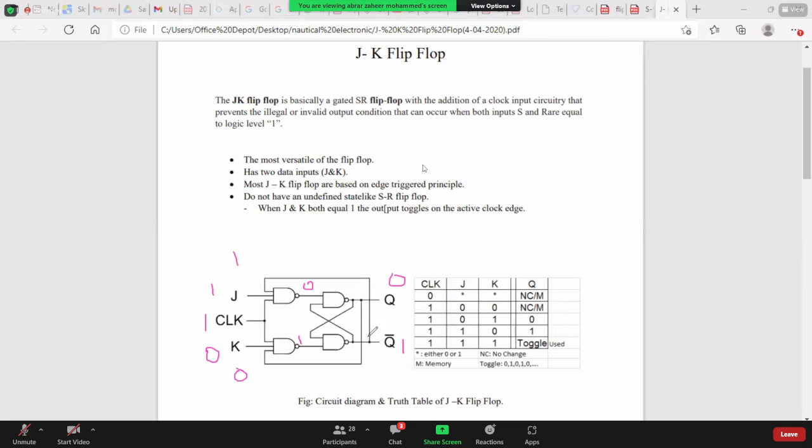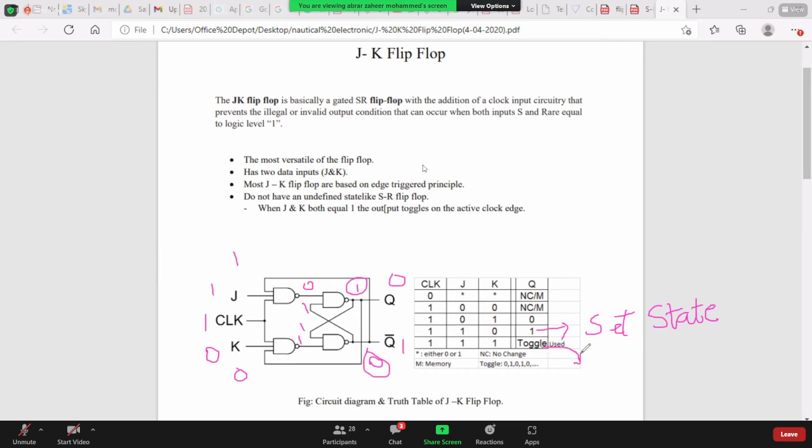This one will go here, 1 into 0, output here is 1. This one will come here, 1 into 1, output here is 0. So Q is 1 and Q bar we are getting 0. Q is 1, that is known as the set state. Flip-flop is set to 1.